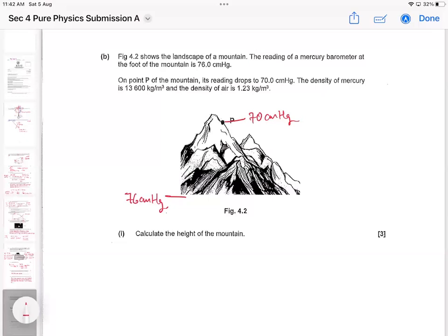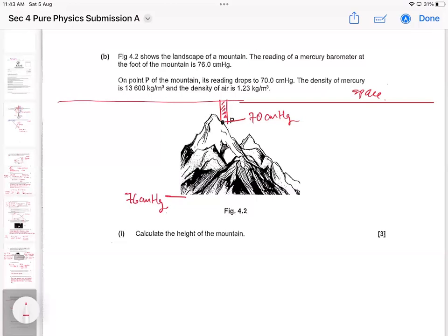So let's say there's this boundary here. That's where the air will exist. Above this point, it'll be like space, let's say. So the column of air above the 2 points: when you are high up at the mountain, the column of air above point P is only this column of air.